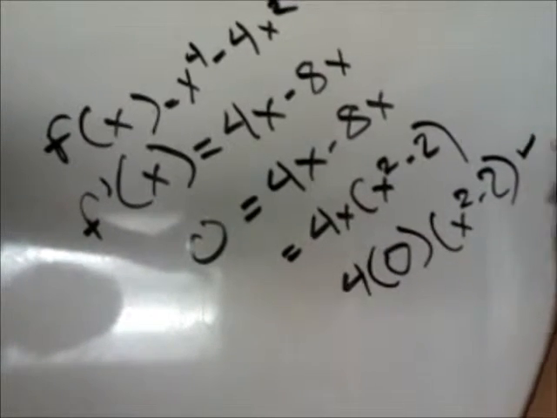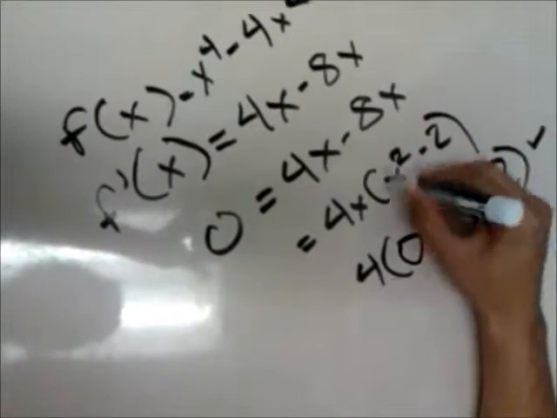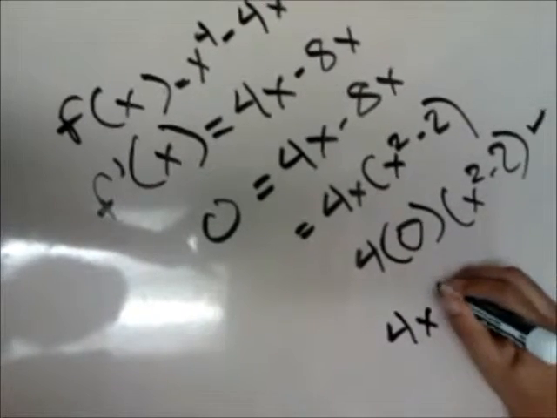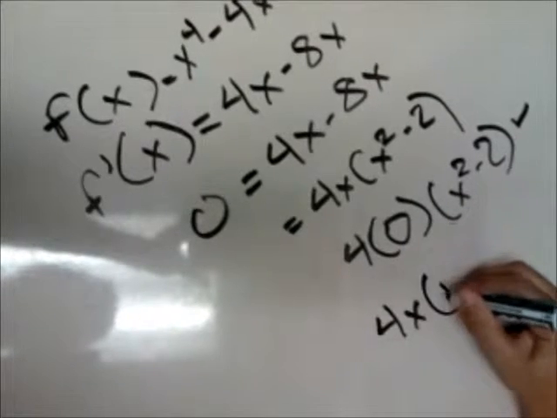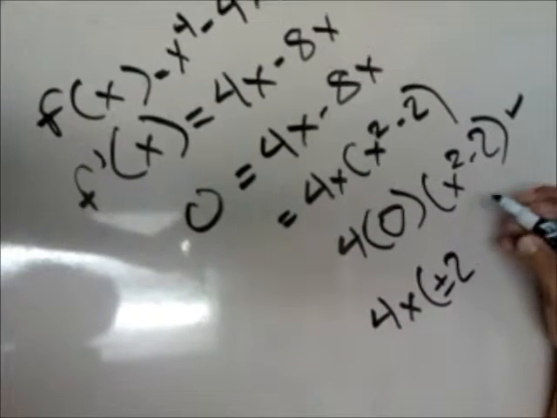So 0 works. Now, here we can find another 0. This could be positive or negative 2, because if you square it, it'll both go to just 2.